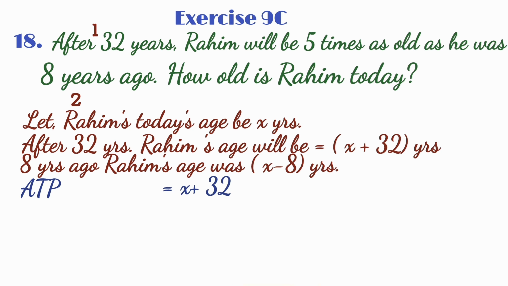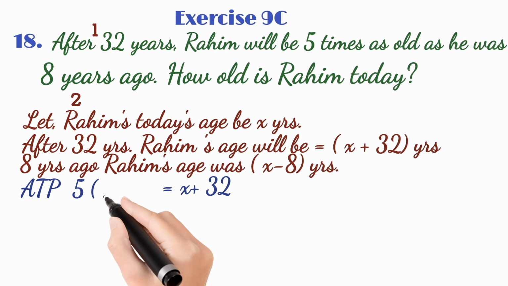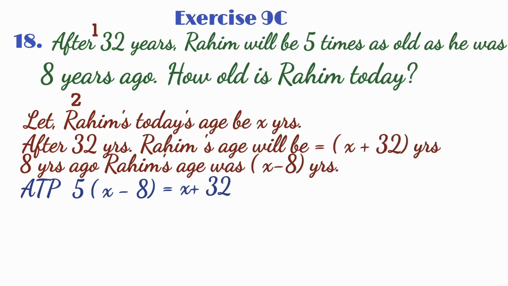That is, after 32 years age, that is x plus 32. This is equal to what? 5 times Rahim's age of 8 years ago. So, you will write 5 into x minus 8. Both are now equal according to the problem.